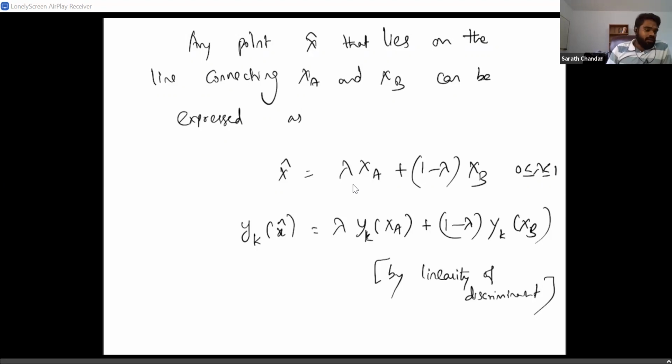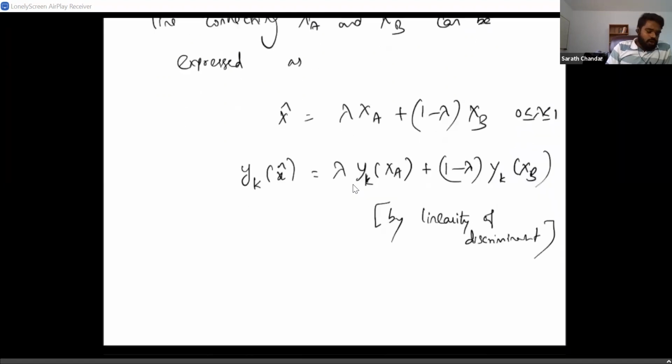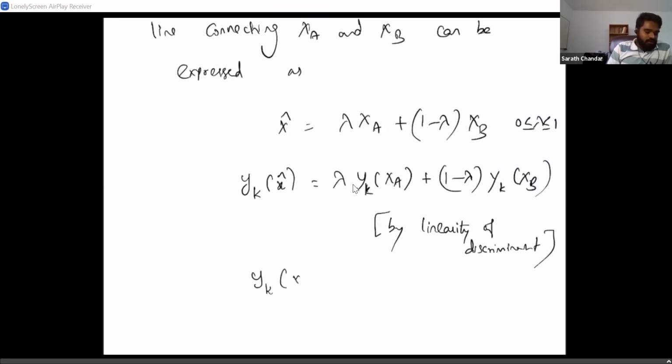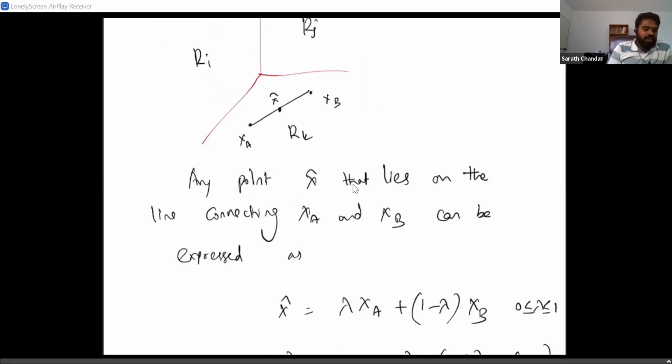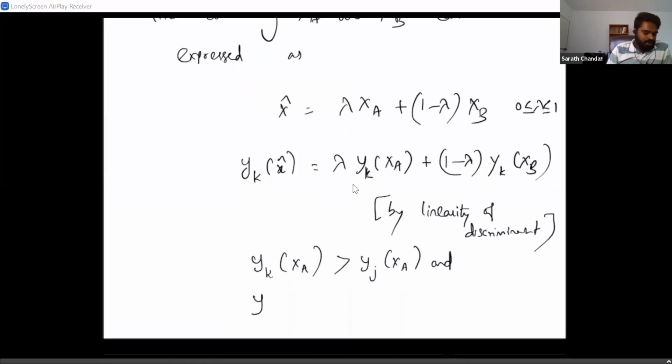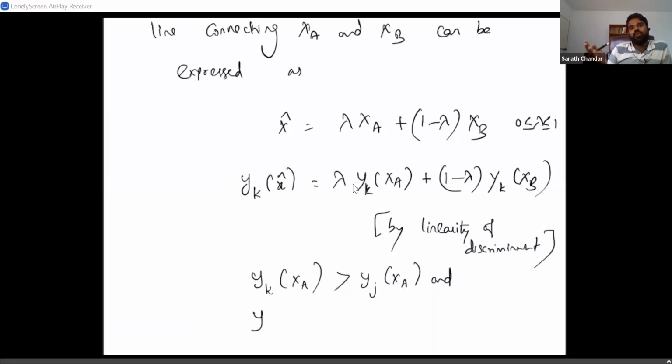We already know that yk of xa is greater than yj of xa, since these are points in the kth decision region, so yk should be the maximum. Similarly, yk of xb is greater than yj of xb for all j not equal to k.